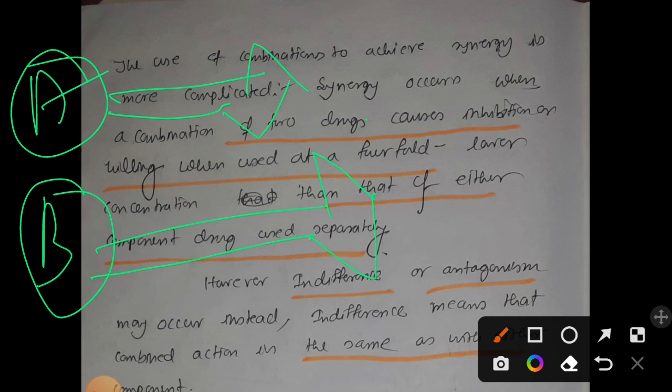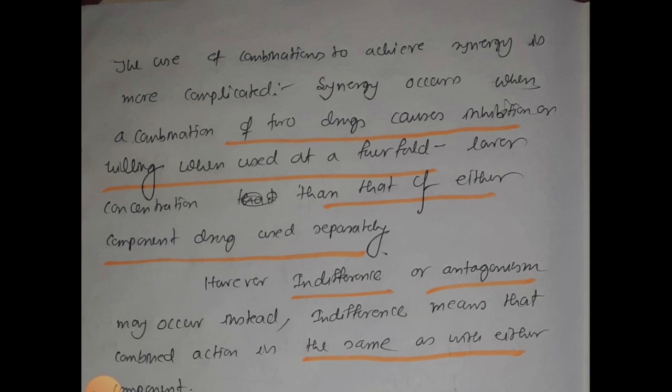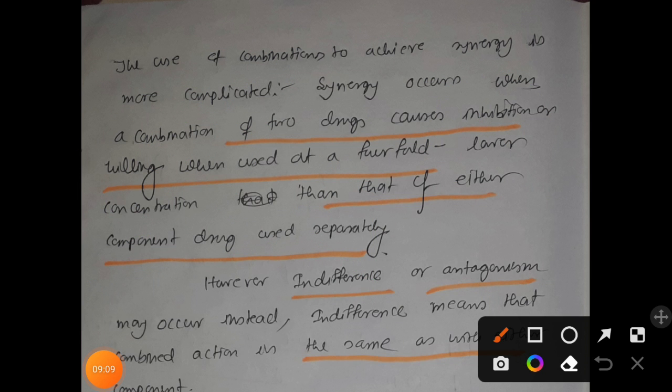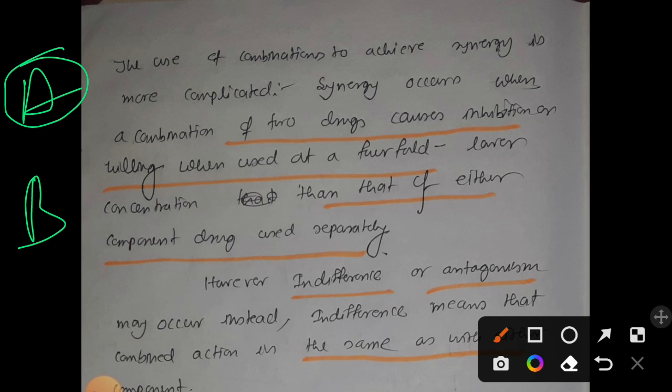Under such circumstances, the concentration of A and the concentration of B that we have to use is 4-fold higher than when we are using A and B in combination. That means it is clear that the antibacterial activity of the mixture of the antibiotics is higher than when we are using them separately. Okay, so that is the concept of synergism. Simple thing: when you are using two antibiotics in mixture, they increase their activity.